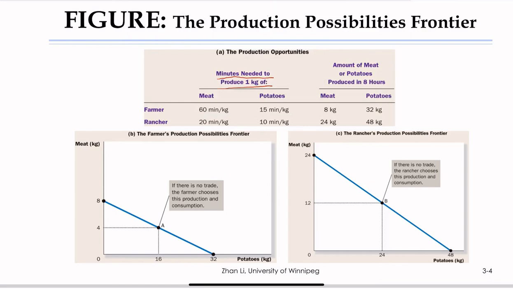In this case, you can see that the rancher is better at both producing meat and producing potatoes, because the rancher only needs 20 minutes for 1 kilogram of meat, but the farmer needs 60 minutes. And the rancher only needs 10 minutes per kilogram of potatoes, but the farmer needs 15 minutes.